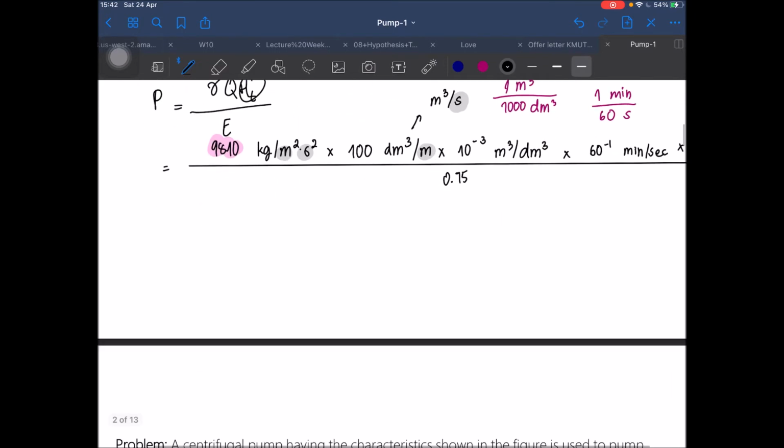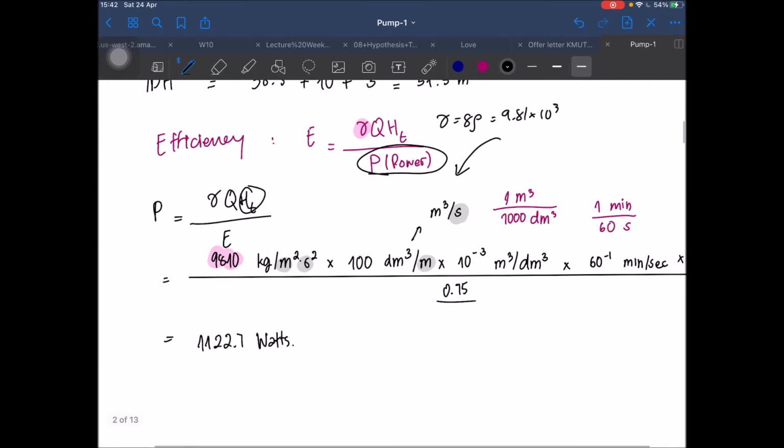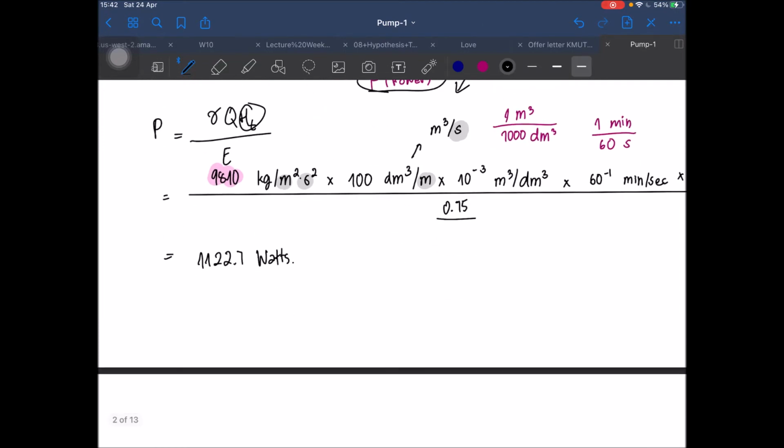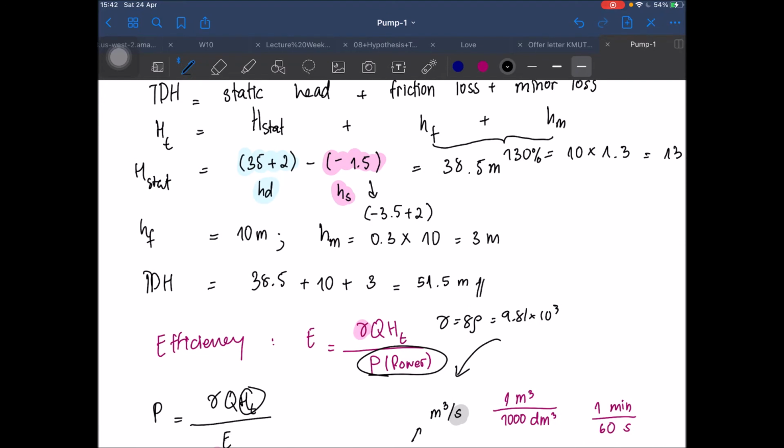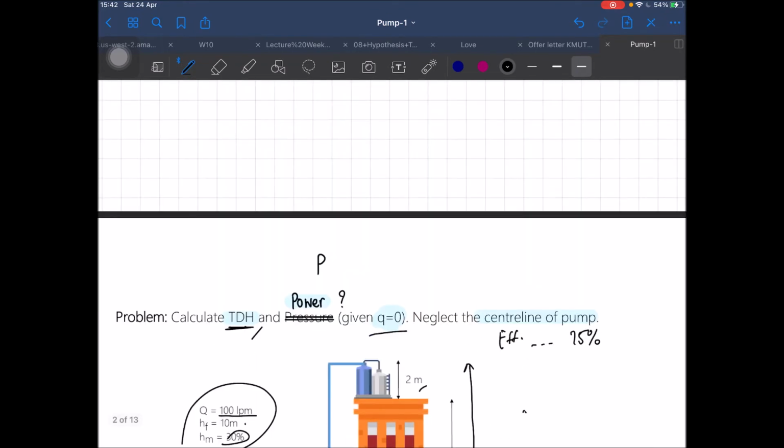So the overall thing here is 0.75. So the total number here is 227 watts. This is the end of this exercise. So now we have this one as the second answer, and this is the first answer. So this is 51.5 M, and this one is 1122.7.